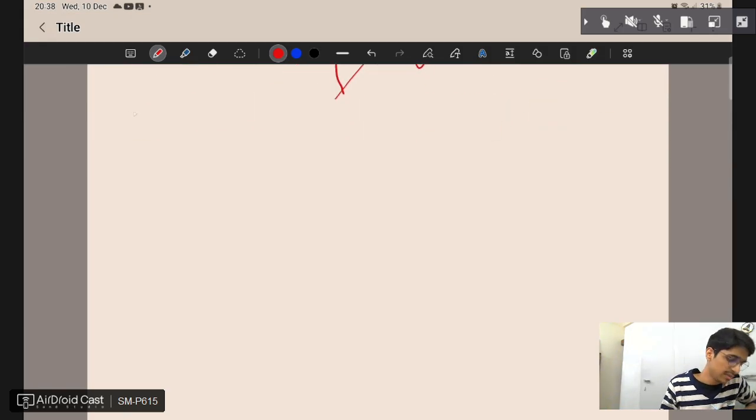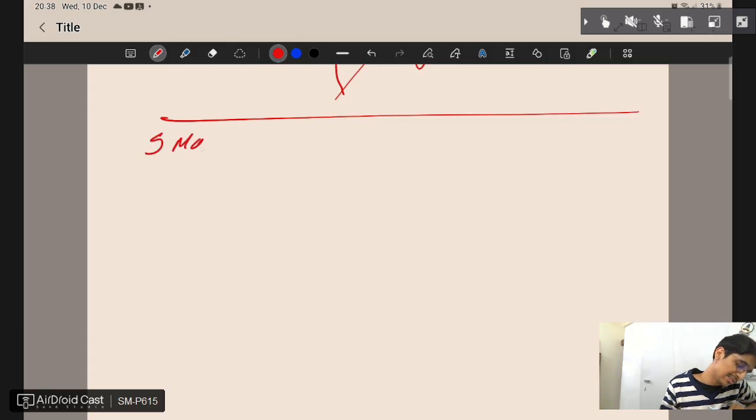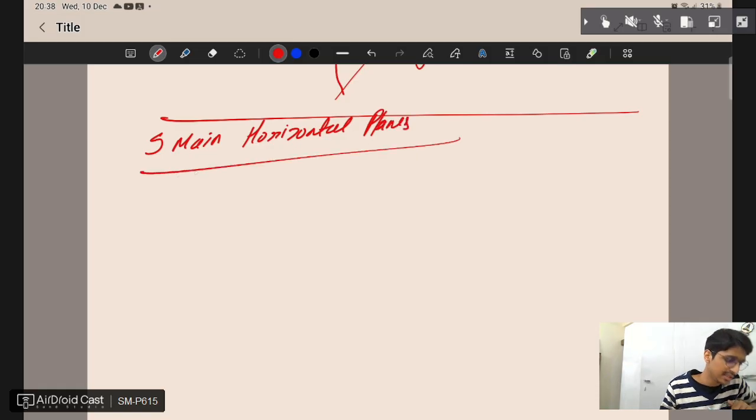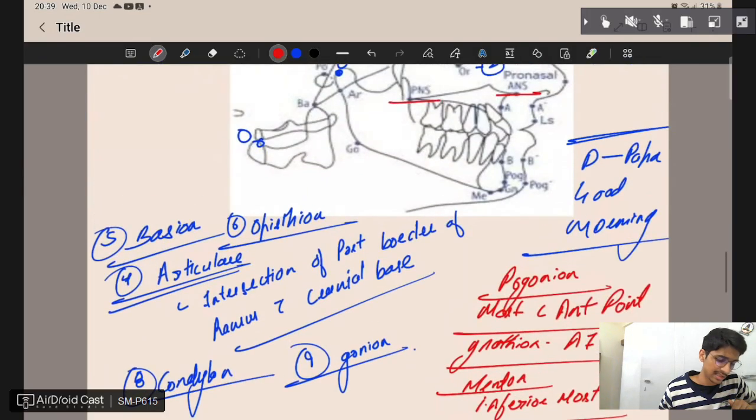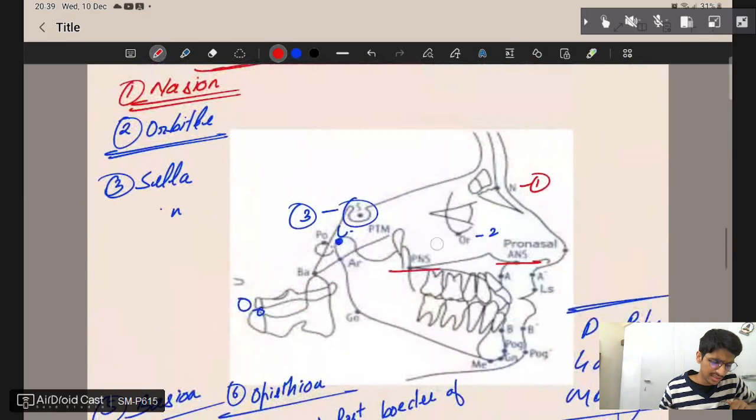So now, before starting the Downs analysis, we need to know about five main horizontal planes. Which are those horizontal planes? SN plane. By the name you can understand. Just see in this graph.